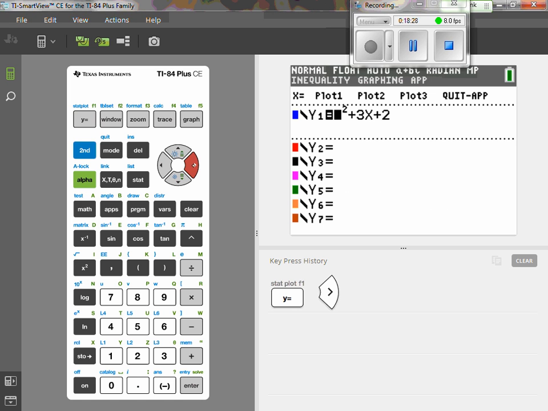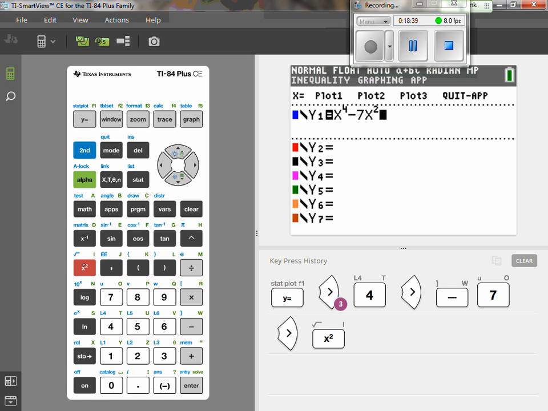And let's type that in. So we'd have x to the 4th minus 7x squared plus 12.